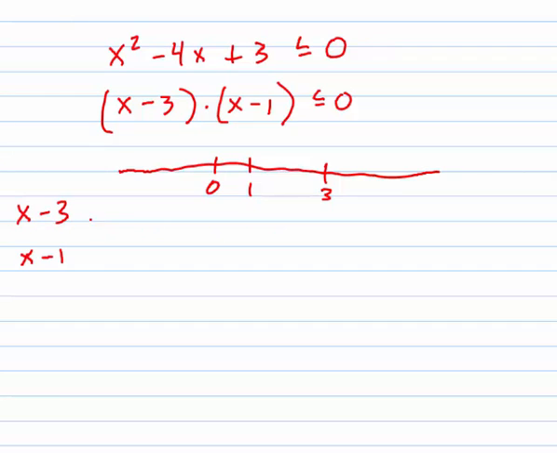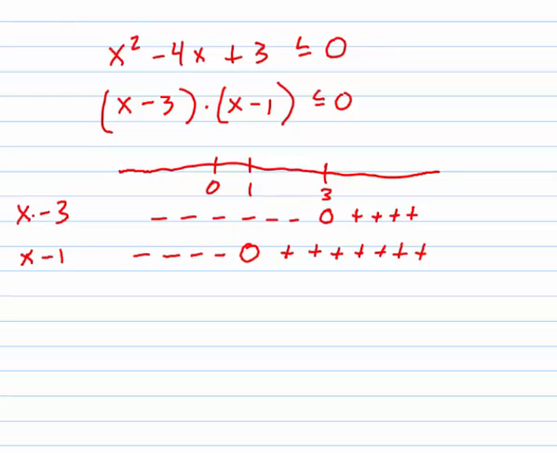Okay, so x minus 3 at 3 is 0. Anything above it is positive, and anything below it, it's all negative in this region. x minus 1 is 0 here. It's positive in these regions and negative in this region.